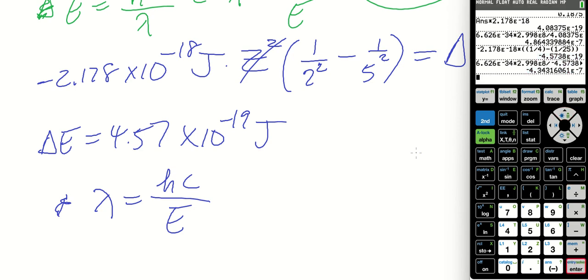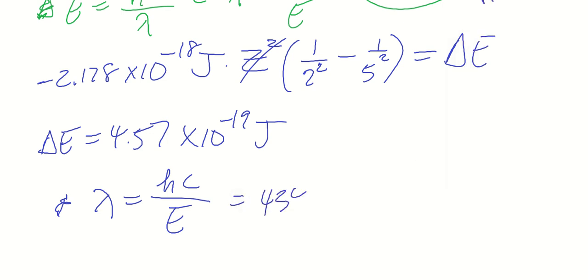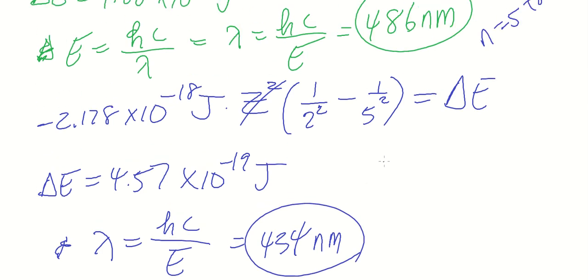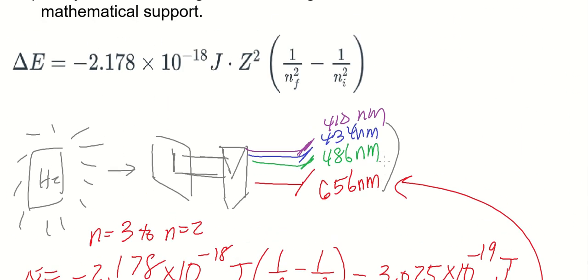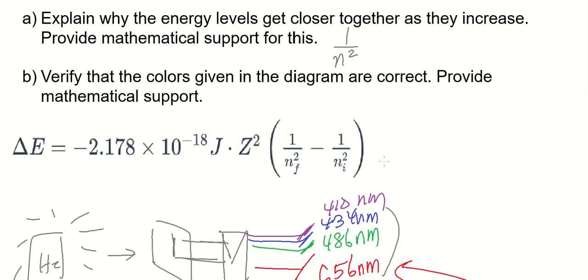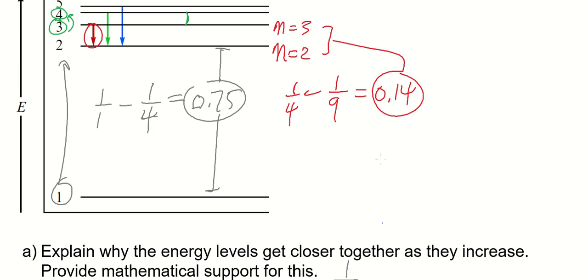Boom. Yeah, 434. We just showed you mathematically something we already knew. But there it is. Sheesh. That was a long problem. Verify the colors are correct. Provide mathematical support.